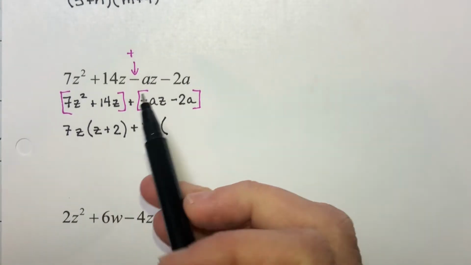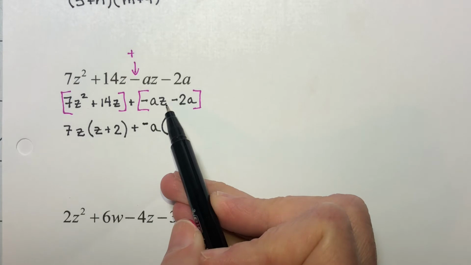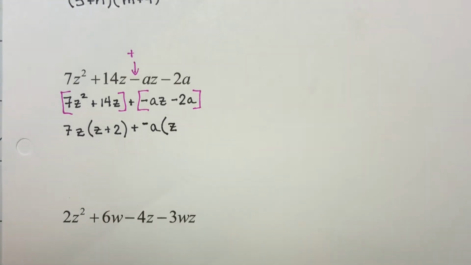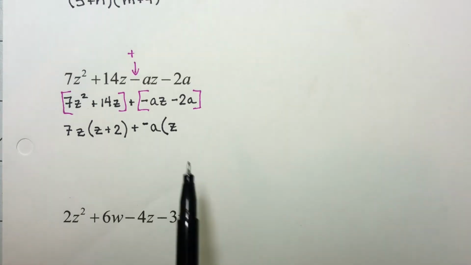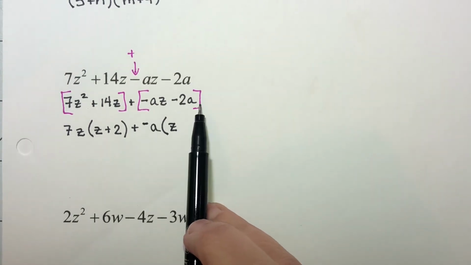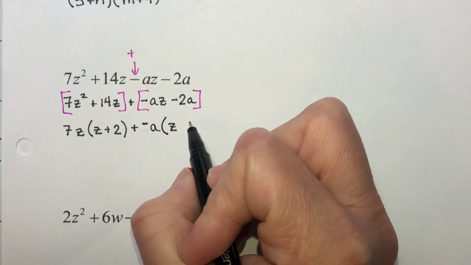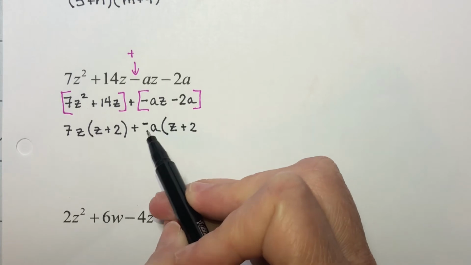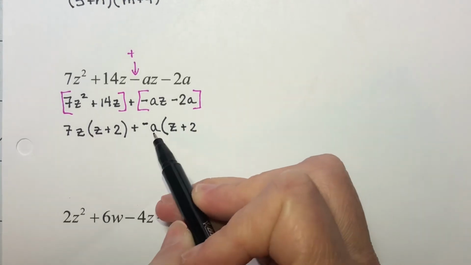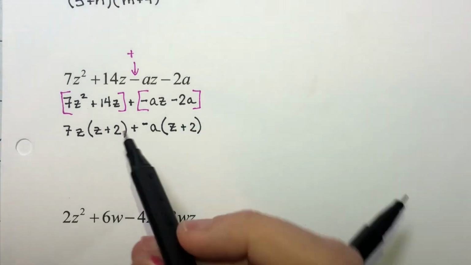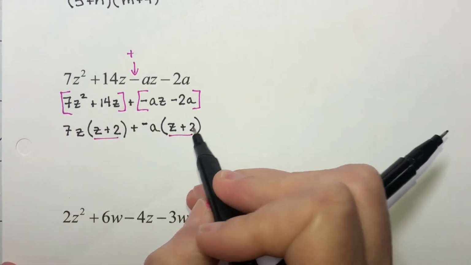Let's see what happens. Negative A needs to be multiplied by something to get negative AZ. So if I put a Z here, that works. Negative A times what gives me negative 2A? Well, if I multiply that by a positive 2, remember that's a negative 1. Negative 1 times 2 gives me the negative 2, and then I'll get the A back. Now, these two things do match.